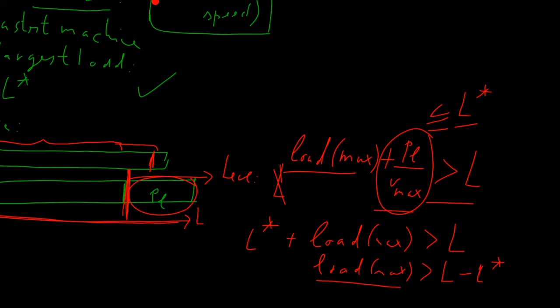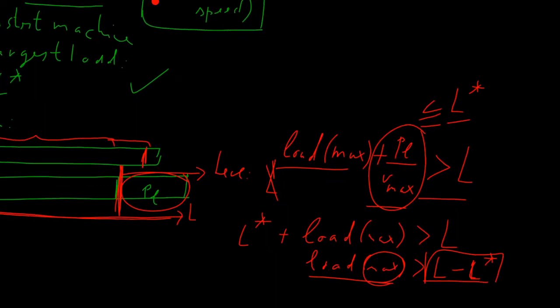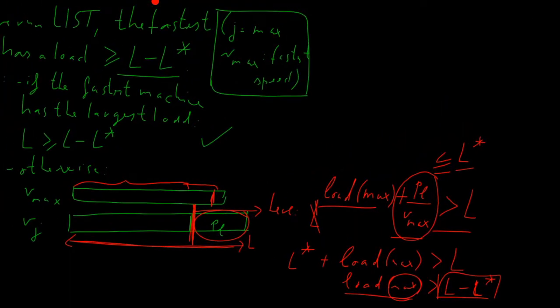So we already have that the load of the fastest machine is indeed at least L minus L star. Either it's the most loaded machine or not, no matter.